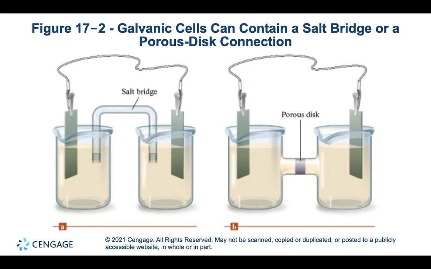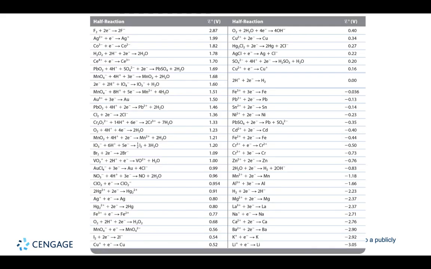Now, if we think about what reaction is happening on which side, the cathode side is always the one that is higher on this two-column number line. The anode step is going to be the lower number on this chart, but flipped. The reaction will be flipped, so it will be an oxidation reaction instead of the way it's written right here as a reduction reaction. If you flip it, it becomes an oxidation reaction.